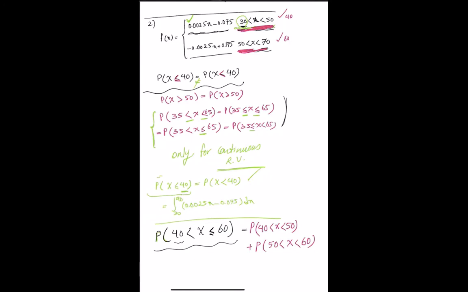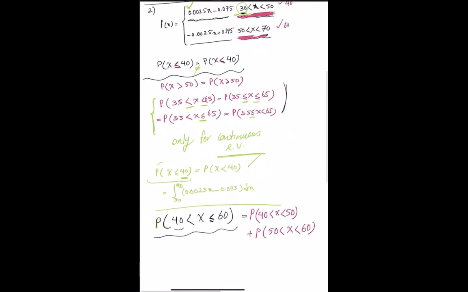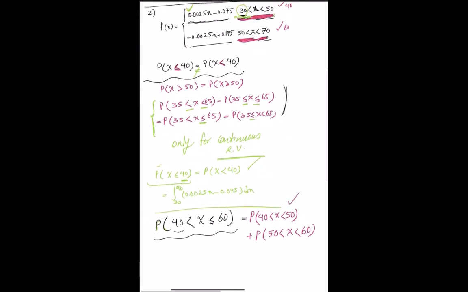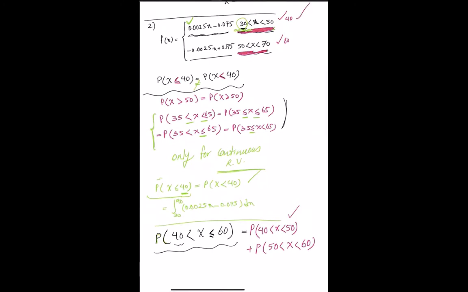And if I want to calculate both these probabilities, for the first one, when x is between 40 to 50, this is the range of the x, so I have to pick the first function. For the second part, when x is between 50 to 60, this is the range of the x, and I have to pick the second function.